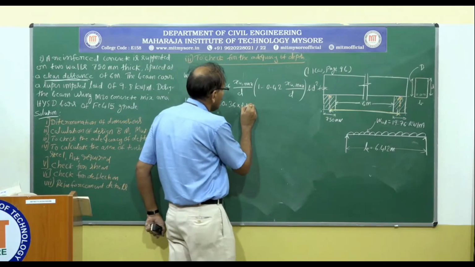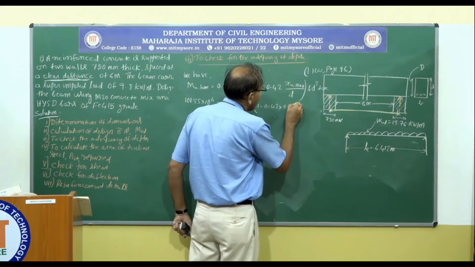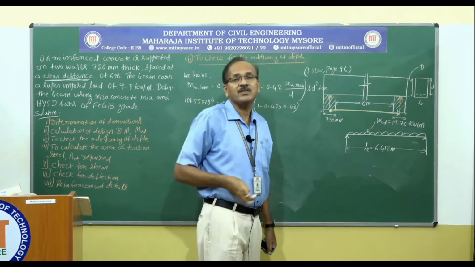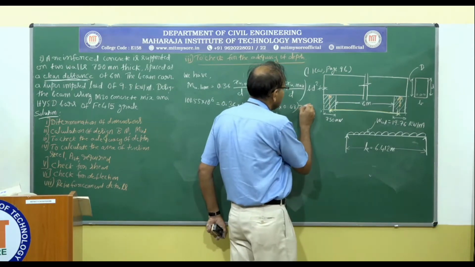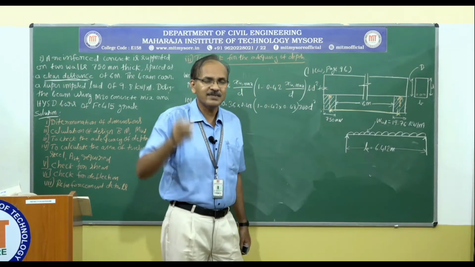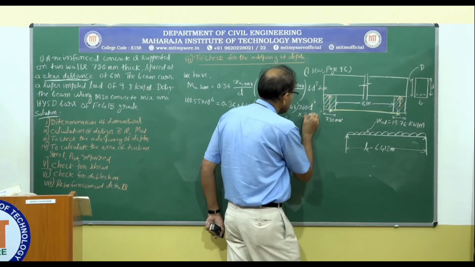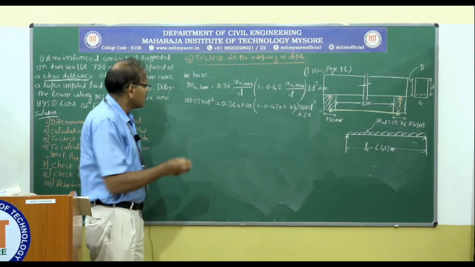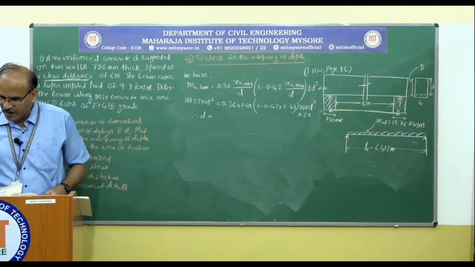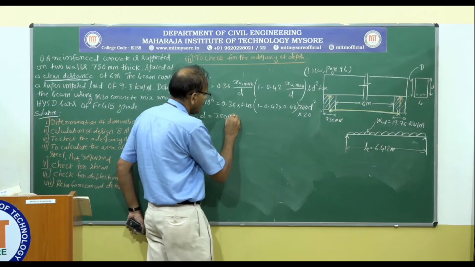That is 0.48. 1 minus 0.42 into 0.48, and what is the value of B? So we are going to take the value of B as it is. So that is 300 millimeter, and D square, that is the value we are trying to find out. What is the minimum effective depth required? Multiplied by FCK is 20. So after simplification, we get D equal to 350 millimeter.